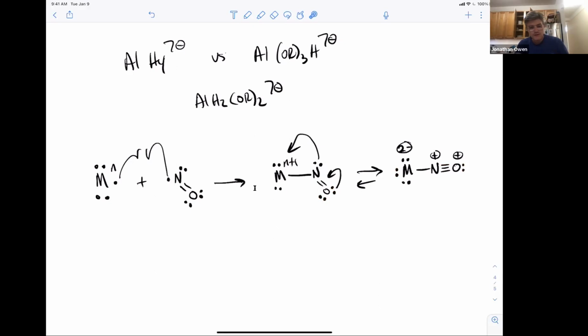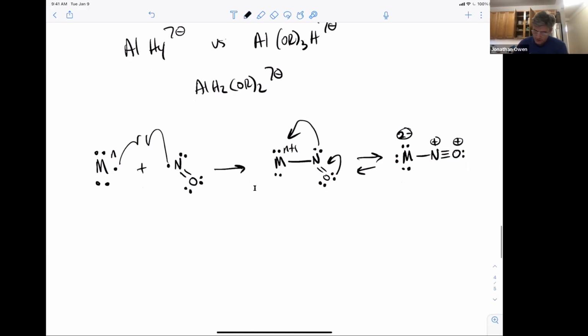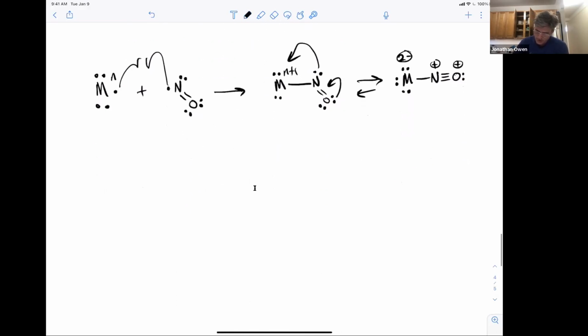Okay, so you push the two electrons off the oxygen toward the metal. Now, this is one of several possible resonance structures. What happens to the oxidation state? When you donate 2 electrons, it doesn't change.